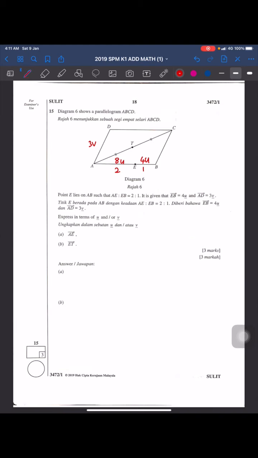Expressed in term of U or V. Okay, AE. Okay, so AE 8 lah kan. So 8U. Okay, next ET. Mana ET? So this is ET. Okay. So tadi EAE. Okay.